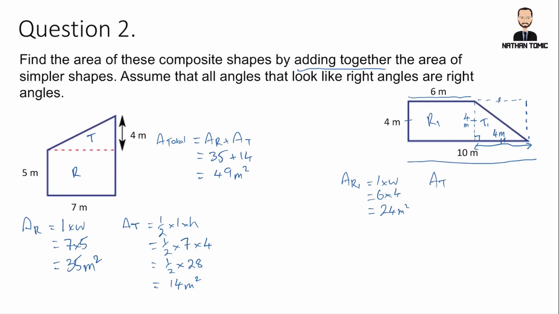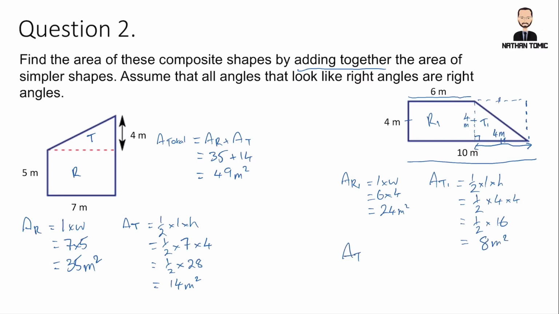Area of triangle 1 is equal to half of length times height, which is equal to half of length being 4, and height being 4, which is equal to half of 16, which of course is 8 meters squared.